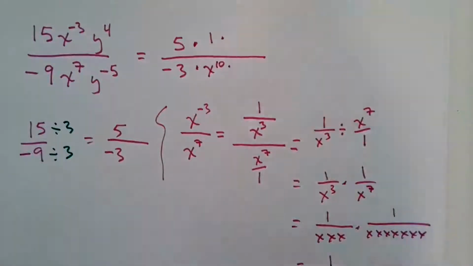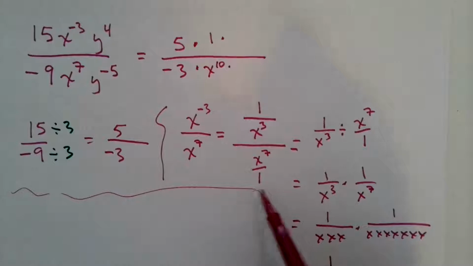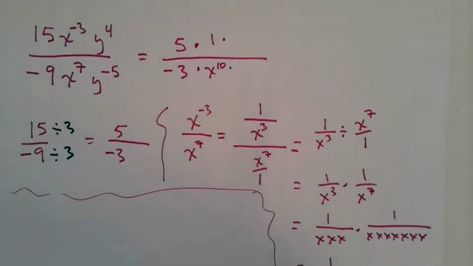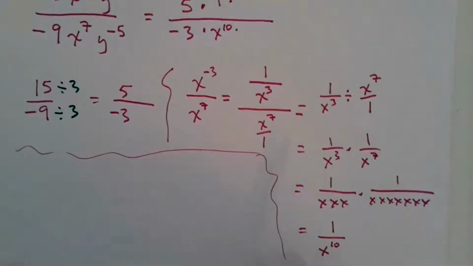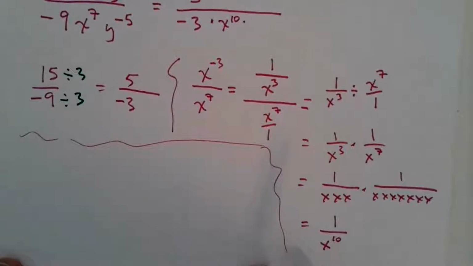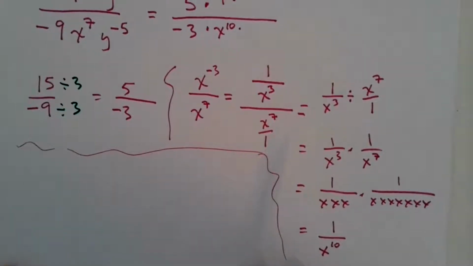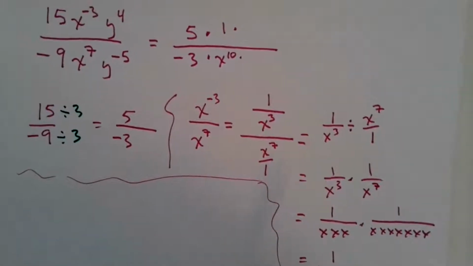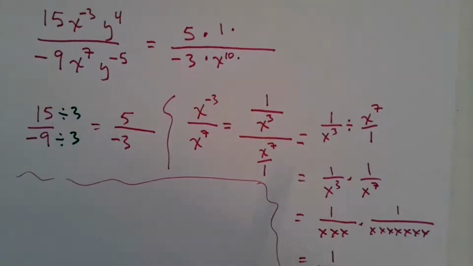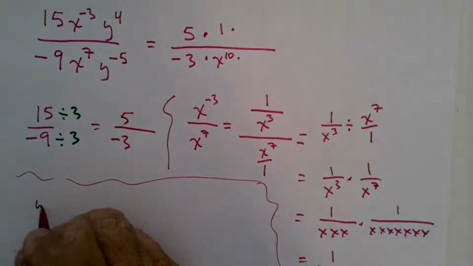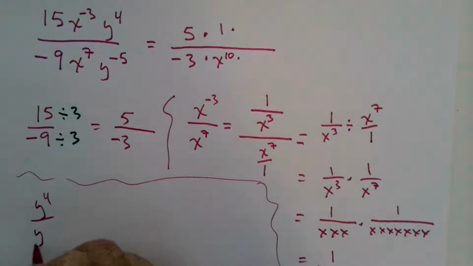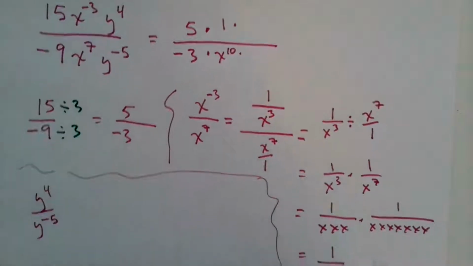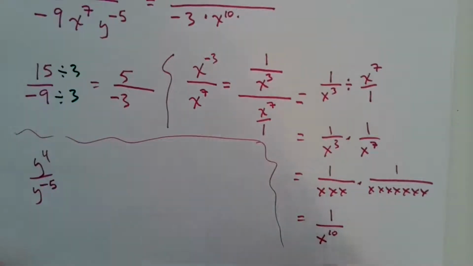Now finally we have the y's to work with. Hopefully there's enough room on my paper to work with the y's. So the y's that I'm dealing with are y to the 4th over y to the negative 5. What do they mean?